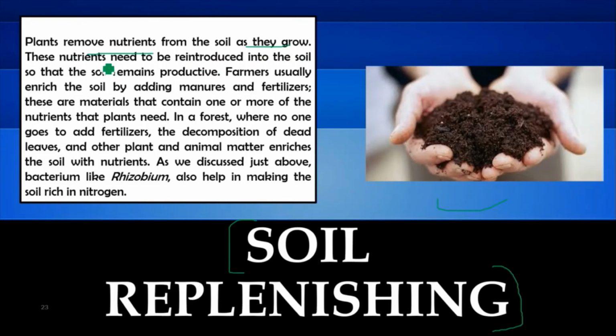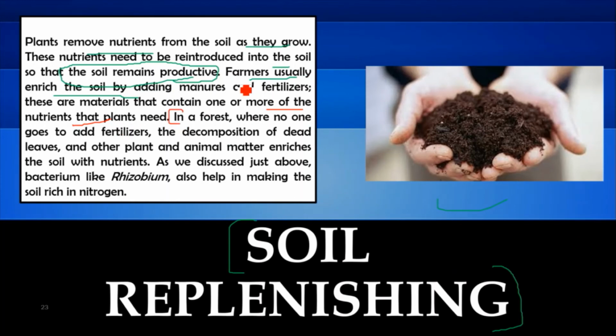These nutrients need to be reintroduced into the soil so that the soil remains productive and remains fertile for growing the plants. Here farmers usually enrich the soil by adding manures and fertilizers. These are materials that contain one or more nutrients that plants need.